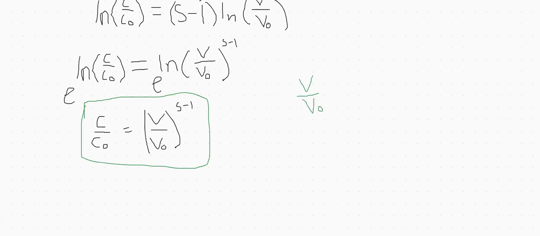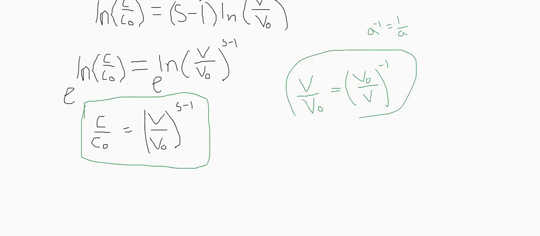And V over V naught is equal to V naught over V to the minus 1. These two are equivalent. If you have A to the minus 1, that's equal to 1 over A. So that's what's going on right there. Okay, right? Everyone agrees?